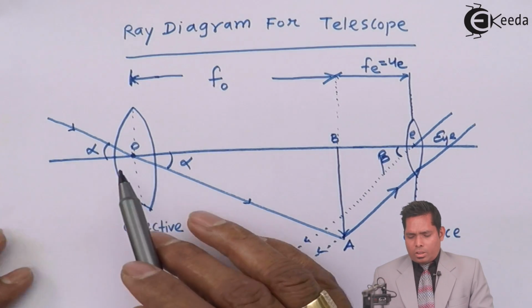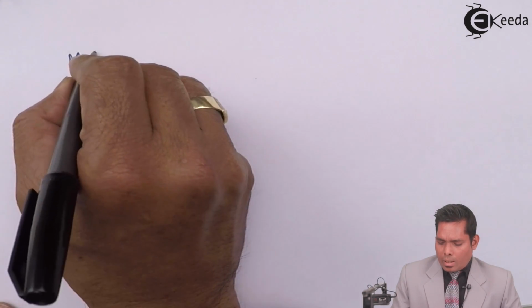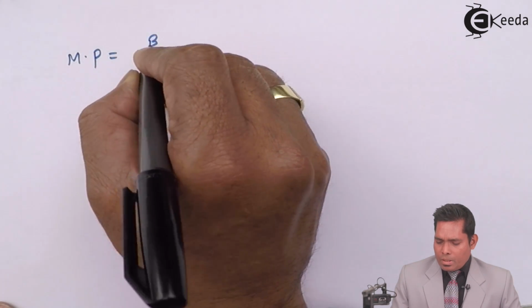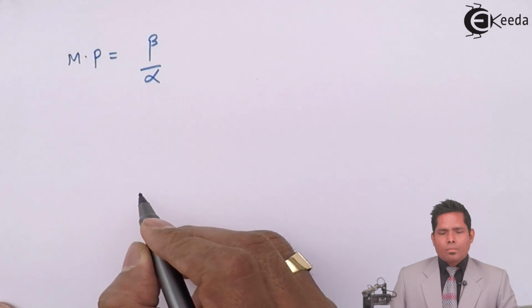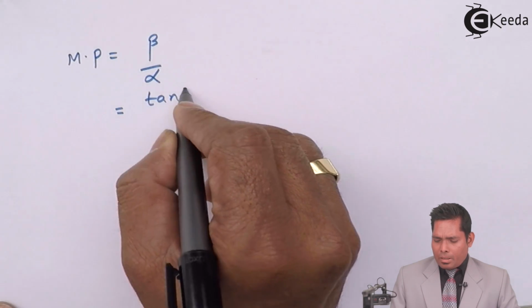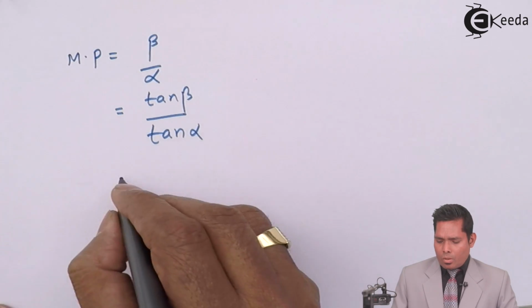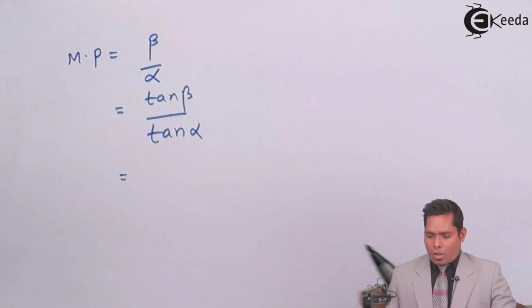So this alpha, this beta, will find the magnifying power as beta by alpha. That beta can be written as tan beta divided by tan of alpha. In this triangle, I'll draw the triangle for you.